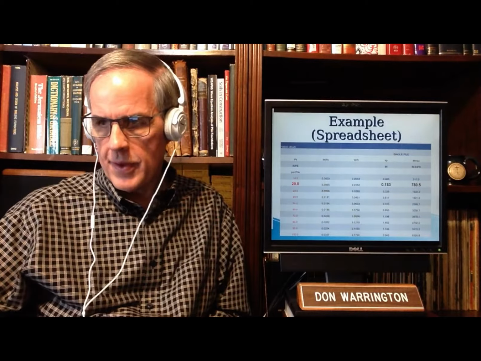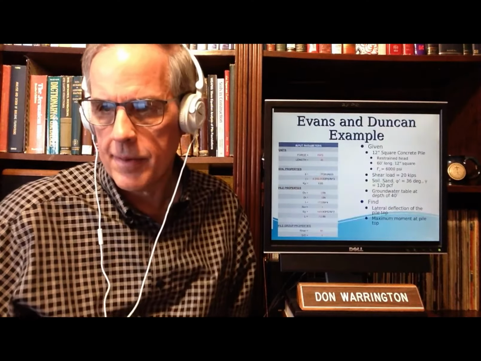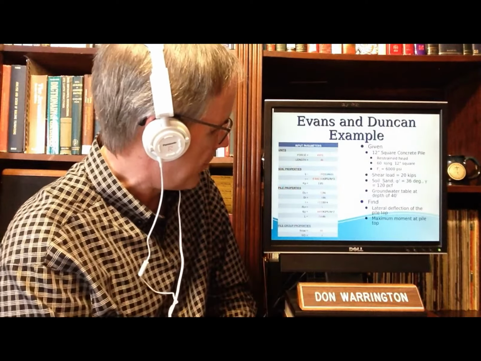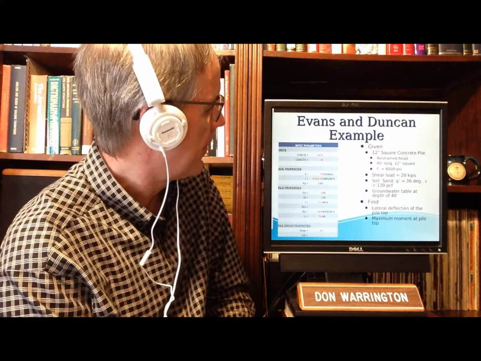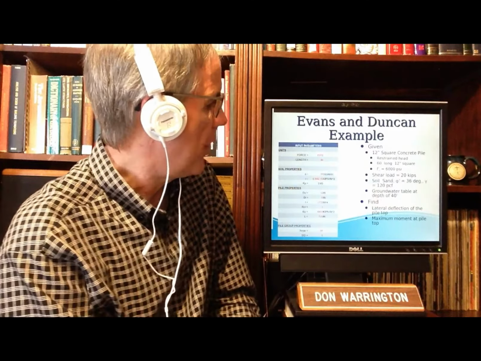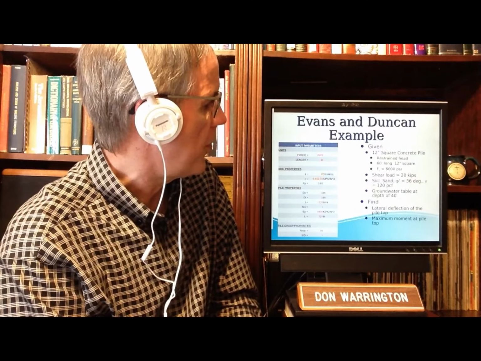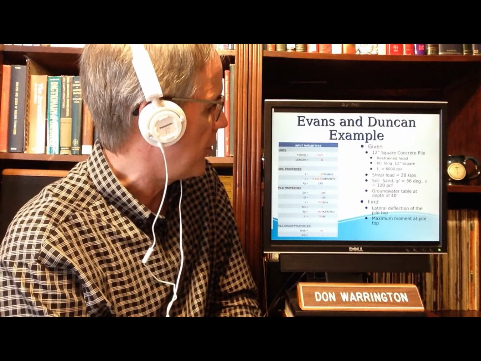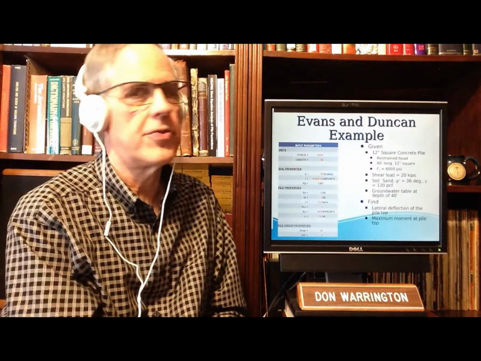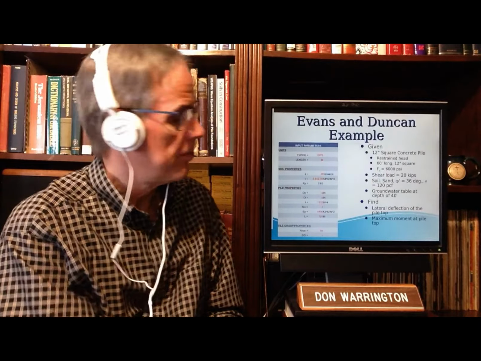Now, let me back up. I've gotten a little bit ahead of myself. This is a screenshot of the input. Force in kips, length in inches. Make sure that whatever units you use are consistent. I would suggest using kips and inches for problems in US units.